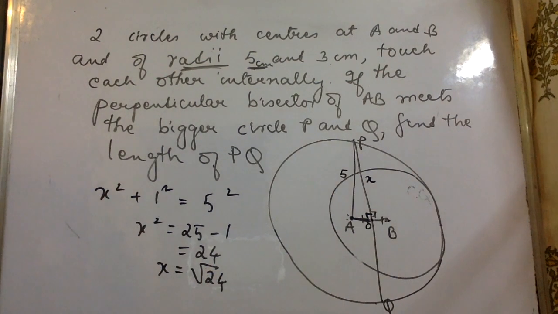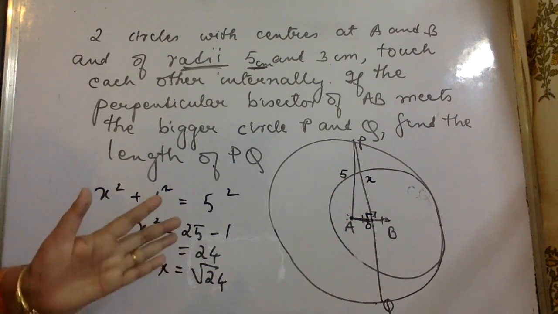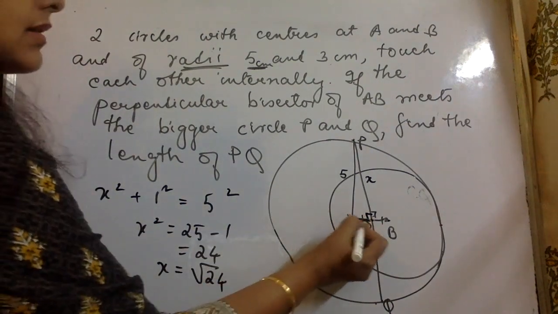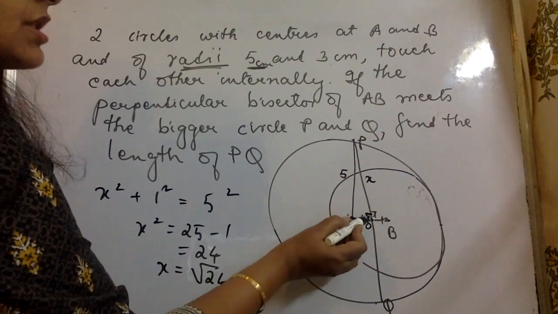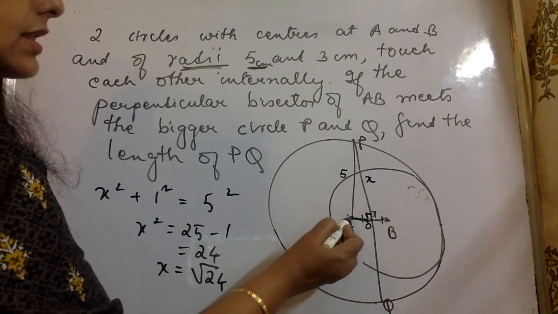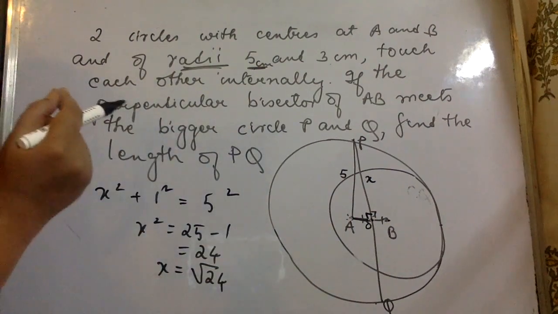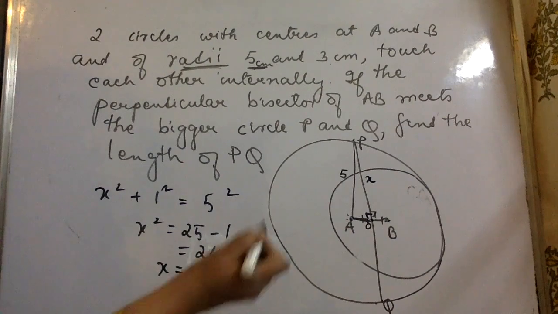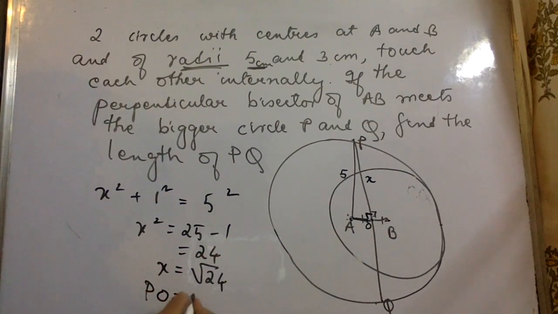Okay, you don't have to panic for this. Numbers can come like this, no problem. Then how much is PQ? Now remember, AO is a line which is going perpendicular to PQ, and that is a chord, and A is the center of the circle. So it is going from the center to the chord at 90 degrees. Therefore, PO is equal to OQ, right?